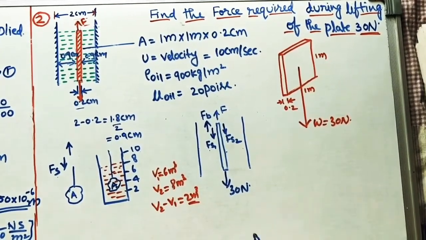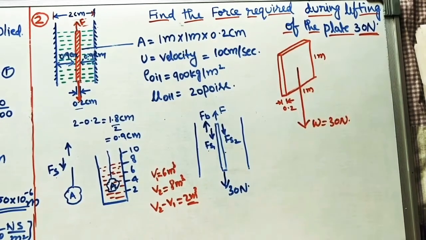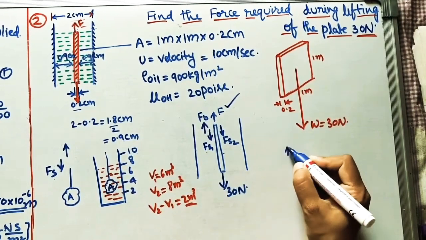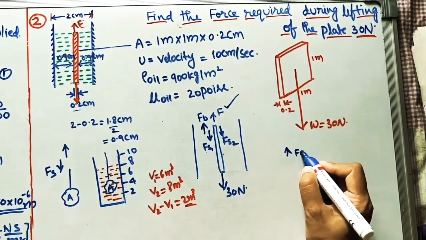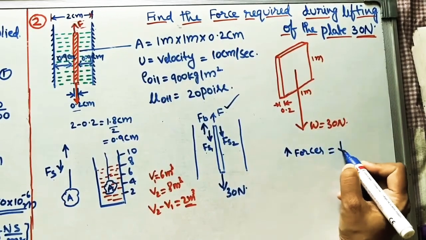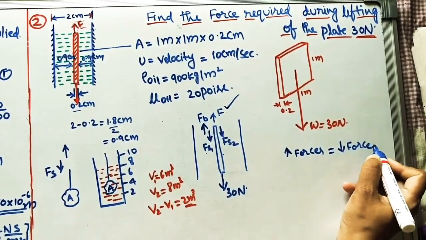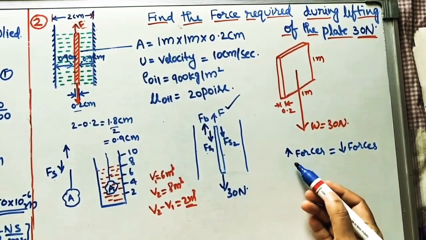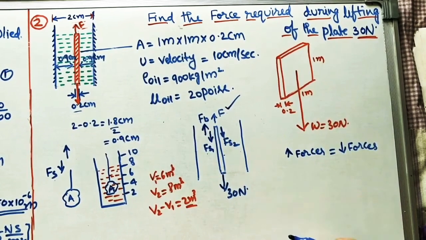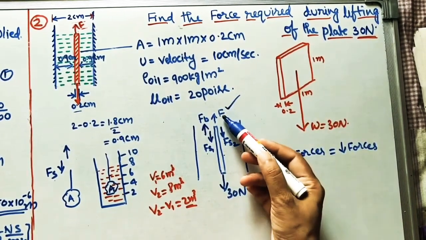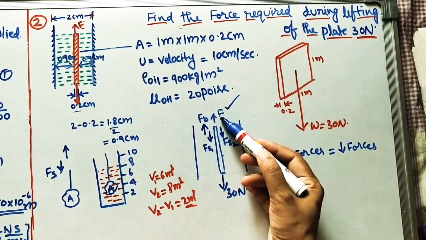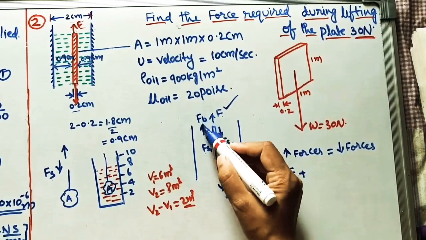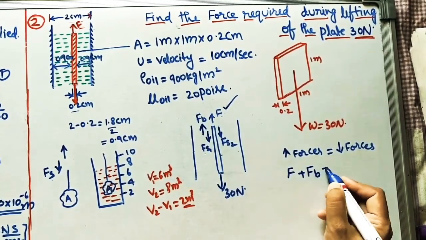So what are the forces acting on this object? For finding F, I am taking upward forces equal to downward forces. For the equilibrium of this object, we consider that the upward forces are equal to the downward forces. What are the upward forces? We need to find the lifting force of this object or plate, F. What is the next upward force? Buoyancy force, FB.